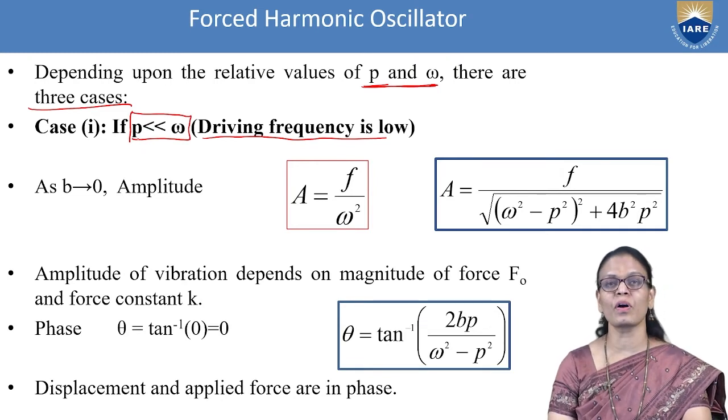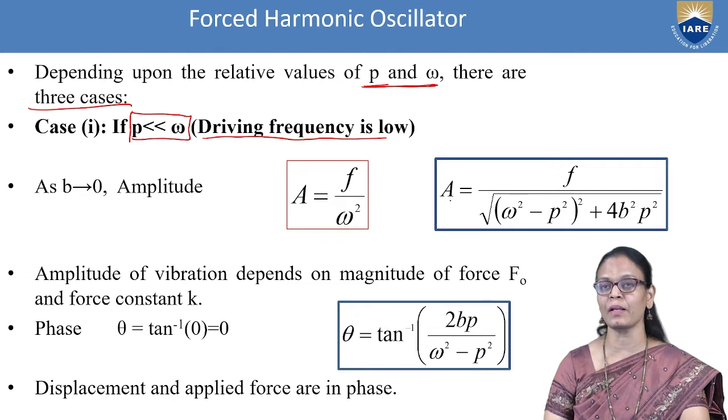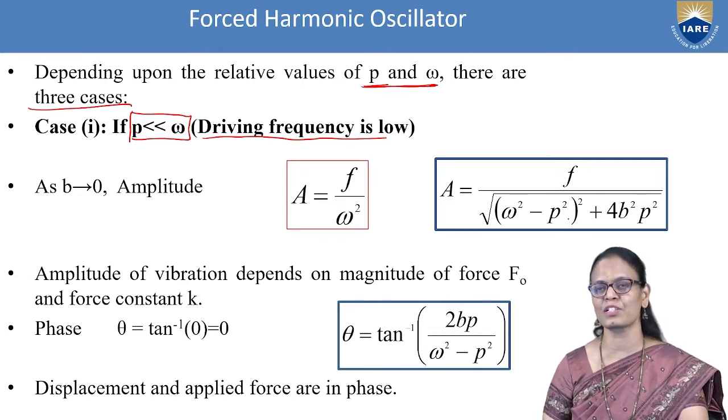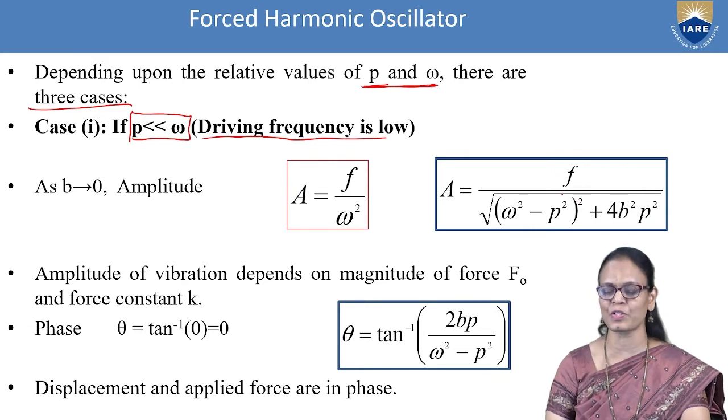So we are going to apply this condition in the formula for amplitude. Whatever I have put in blue are the reference expressions, because we are going to refer to this expression to get the necessary conditions. So A is equal to F upon under root (omega square minus p square) whole square plus 4b square p square.